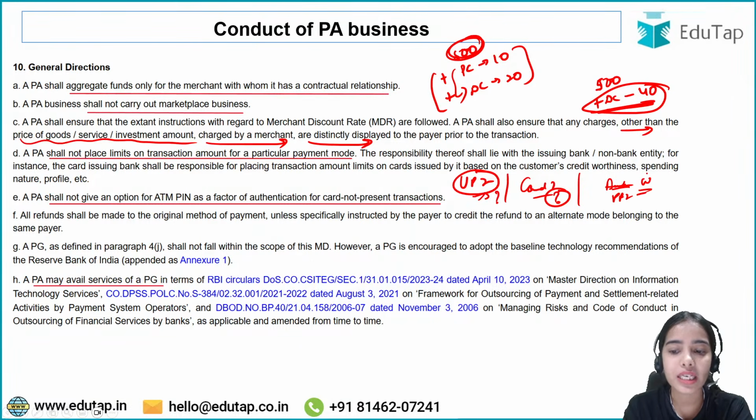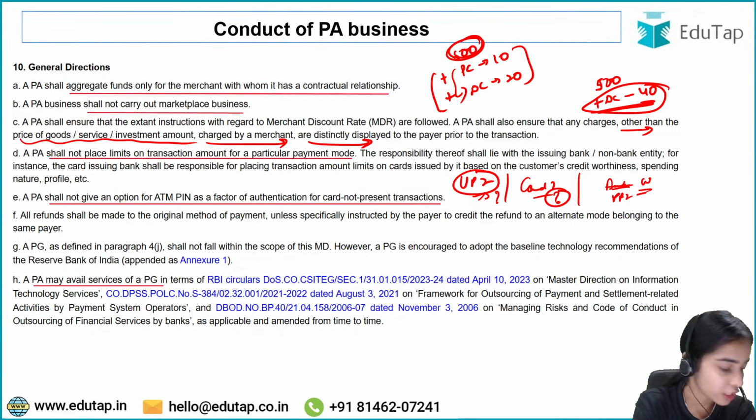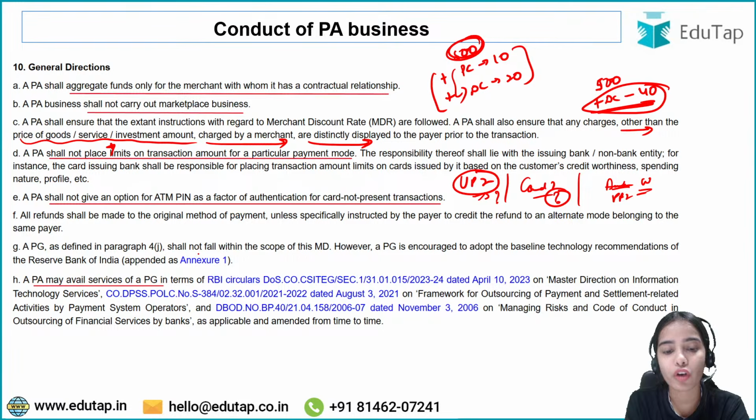These limits are decided by the bank or by the card networks. So a payment aggregator shall not place limits on transaction amount for a particular payment mode. The transaction limits are decided by the banks for the UPI, let's say, or for the card, and the responsible authorities.